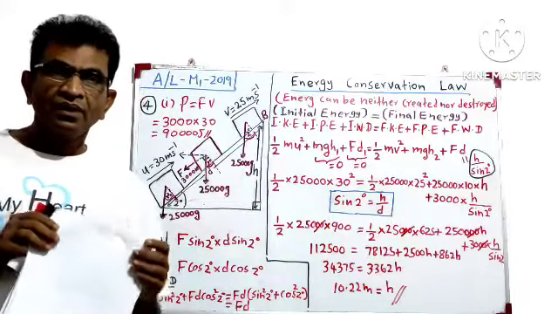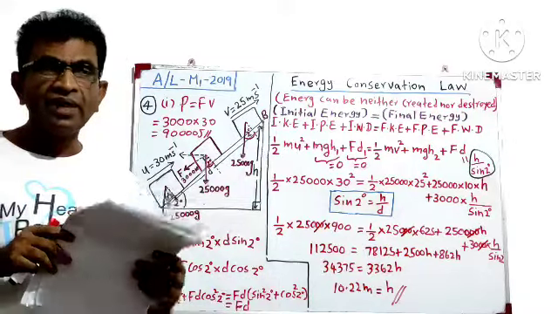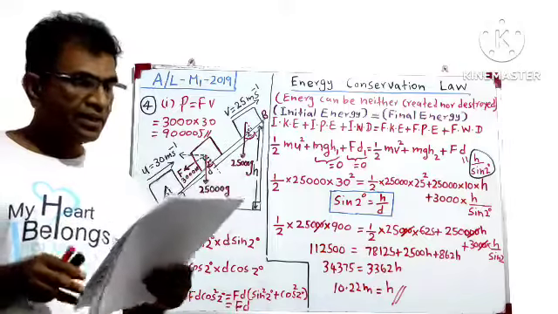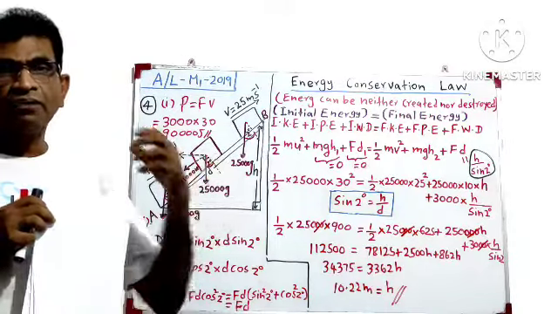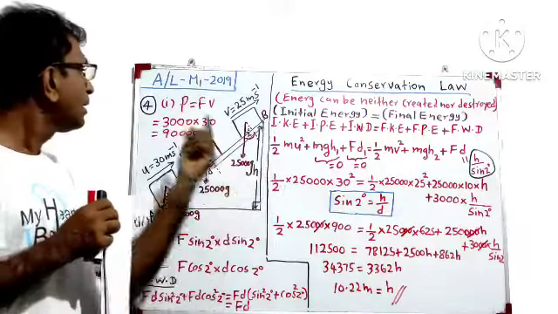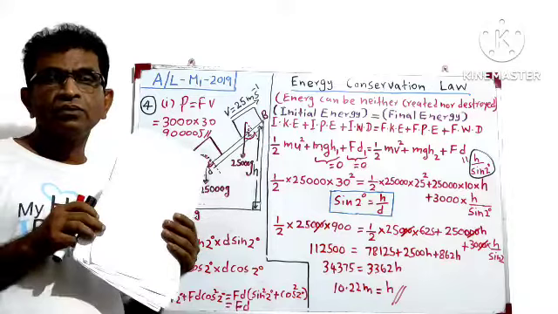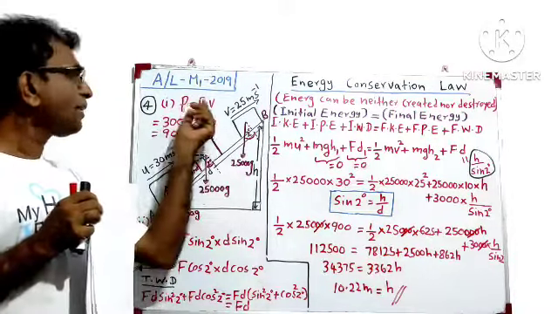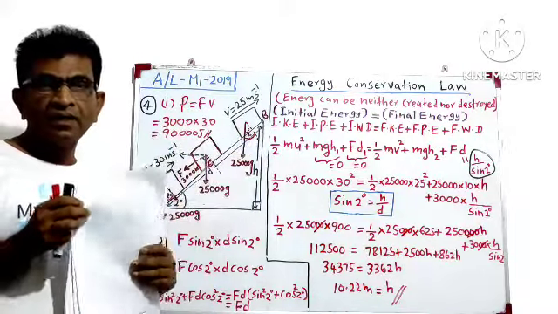Now, especially in this lesson, we are dealing with the formulas. Then to find the power, we can apply the formula. What is the formula? P equals F multiplied by V. That is, power equals force multiplied by speed.